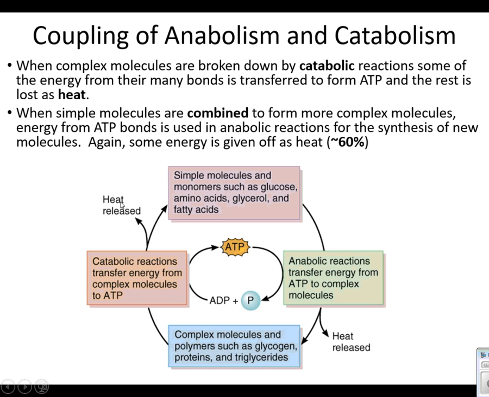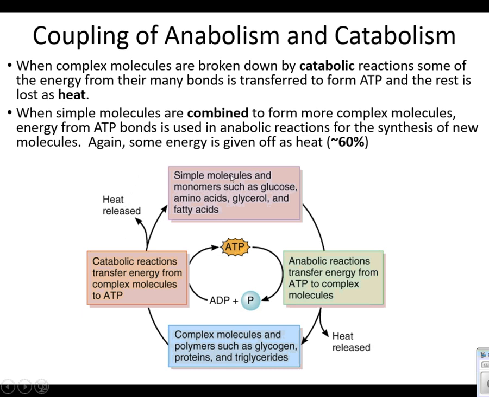Now we say lost as heat, but heat is actually something that we need. It provides us with a body temperature since we are warm-blooded. And so we don't necessarily think of it all the time as lost heat. So that's why at the end of the lecture we're going to be talking about thermoregulation or heat balance.